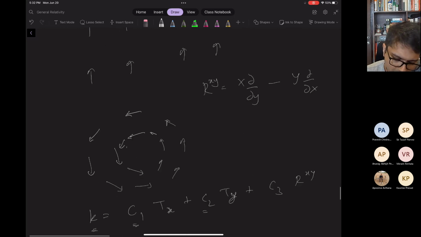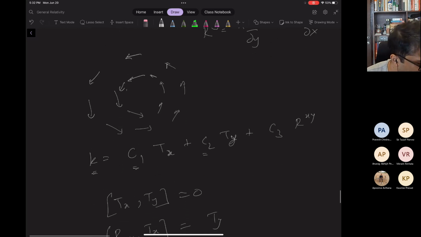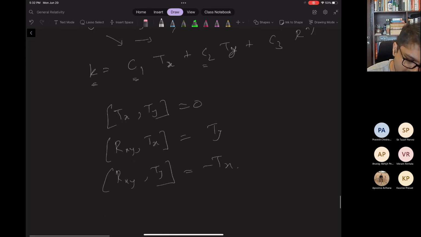Now what you can do is you can look at... so what this means is that the Lie bracket of Tx, Ty is 0. So the Lie derivative of Tx is equal to Ty.